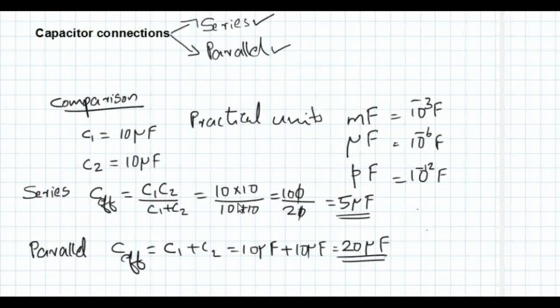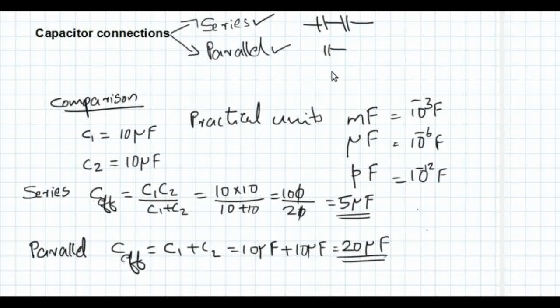That means when they are in series mode, the effective capacitance will be decreasing, or the effective capacitance is less than the value of C1 and C2, which is 10 microfarad each. And when they are in parallel, the effective capacitance is more than the values of C1 and C2, again which is 10 microfarad each. So this is the difference between the values of effective capacitance in the two different modes.